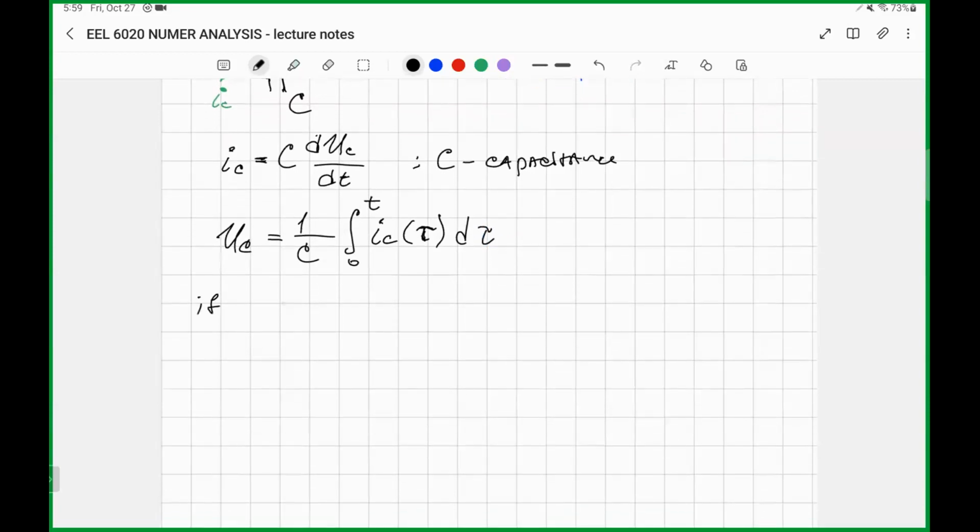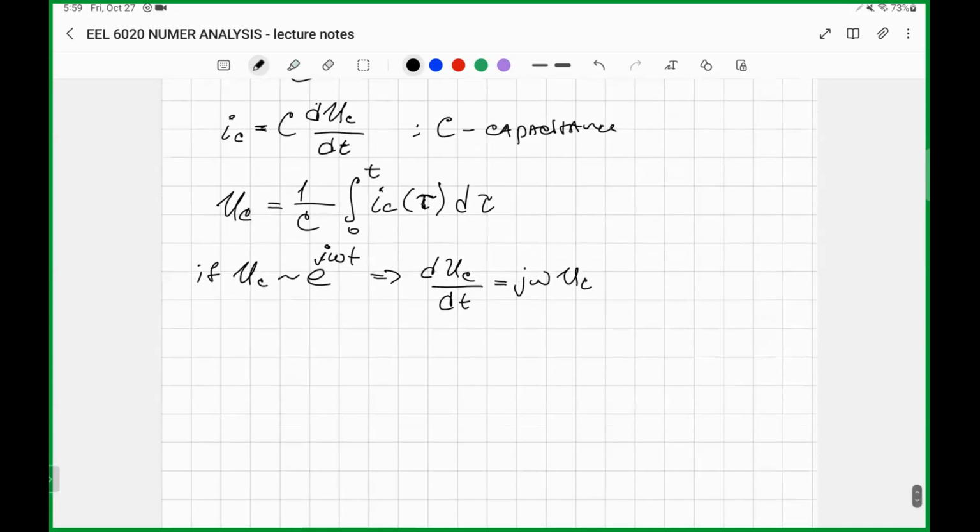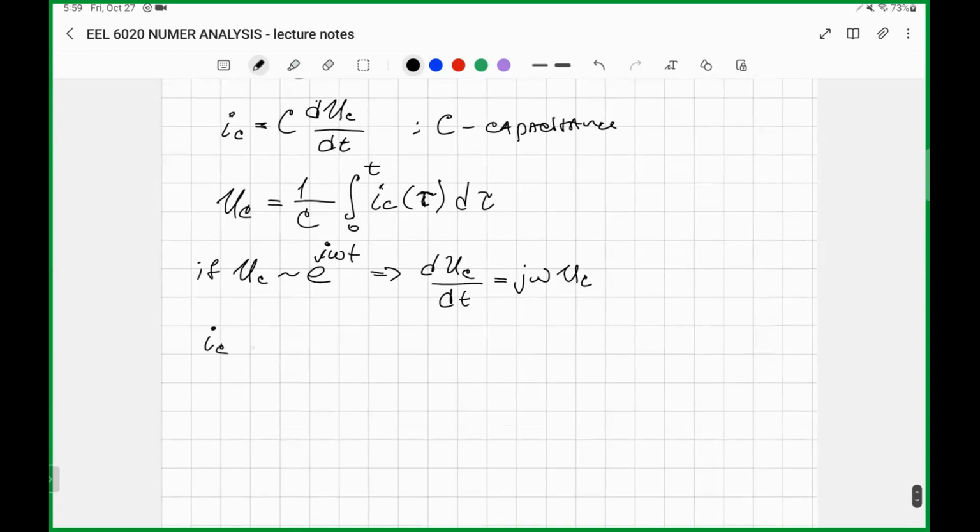Next, if the voltage depends on time as a harmonic function, e to the j omega t, then again dU_C over dt is equal to j omega U_C, and hence the current for this case is equal to j omega C U_C.